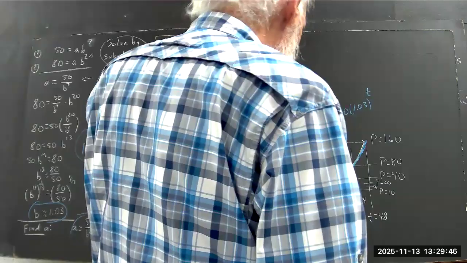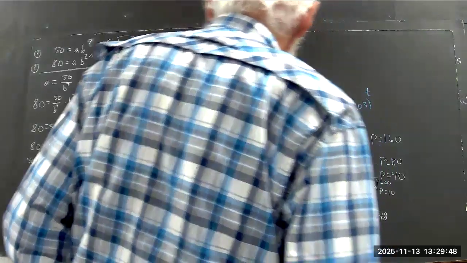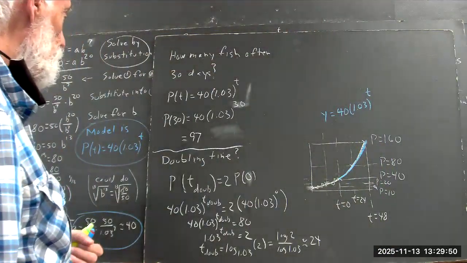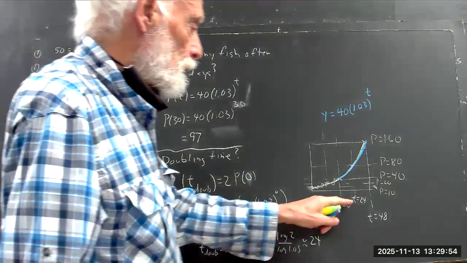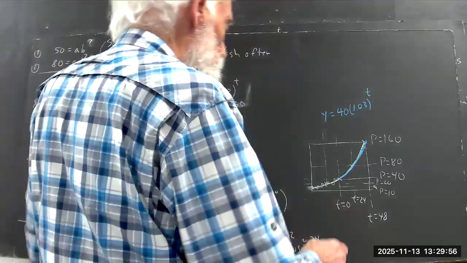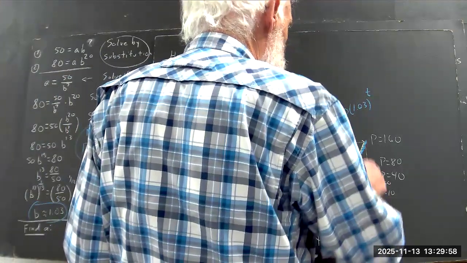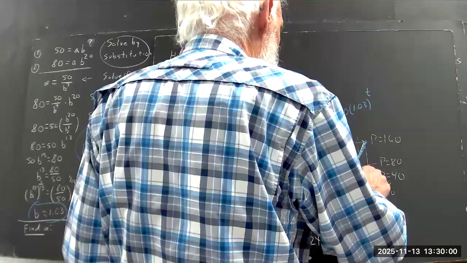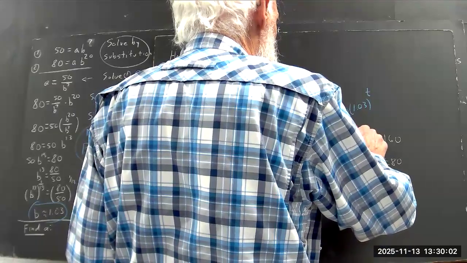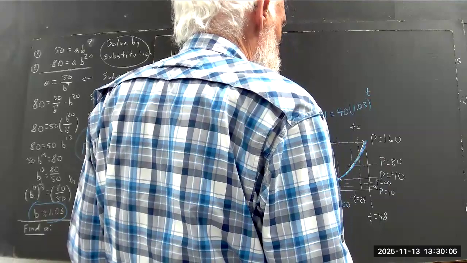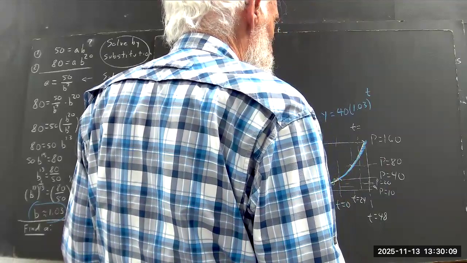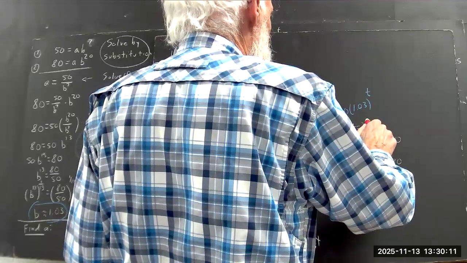Now we want to know what p is when t equals, what was it, 30. Okay, well, here's 24 and 48. If we split the difference there, we get 32. No, that's wrong. We get t equals 36.